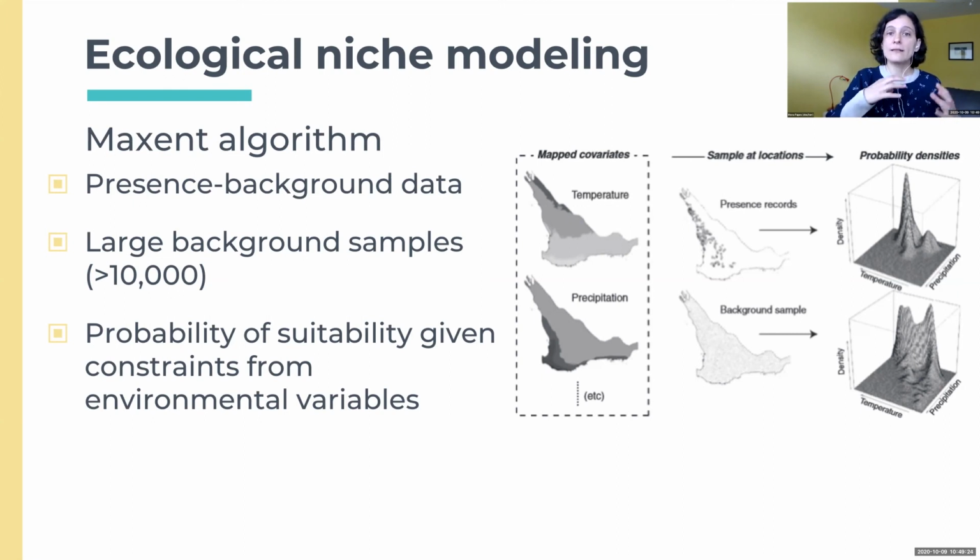It samples random locations that are not associated with species presence, and samples the environmental conditions at those non-presence locations. So that's the background: the locations for which we don't have presences of the species in our study area.